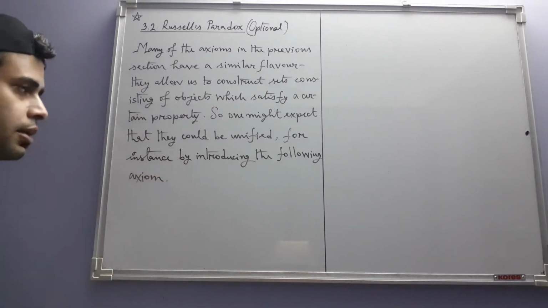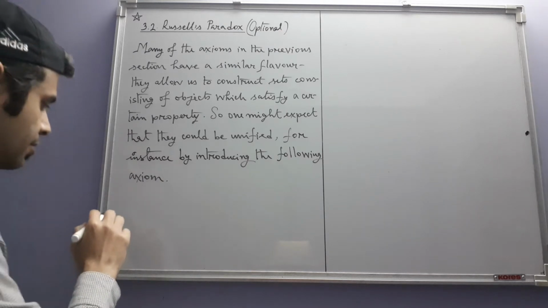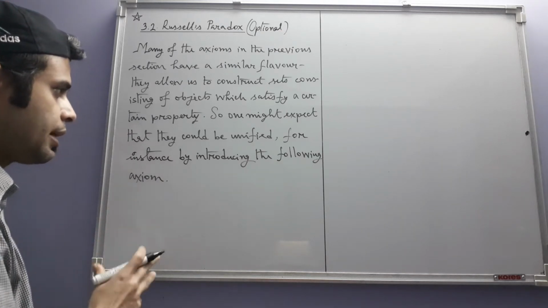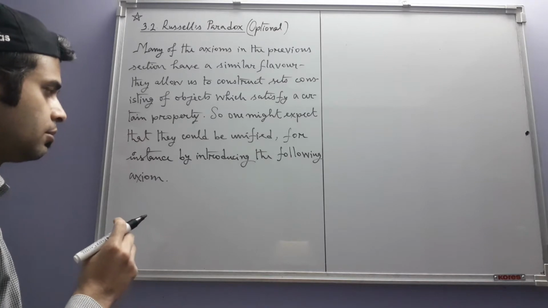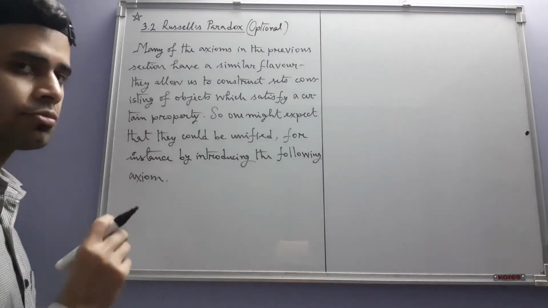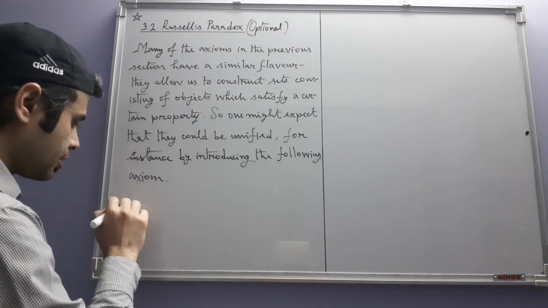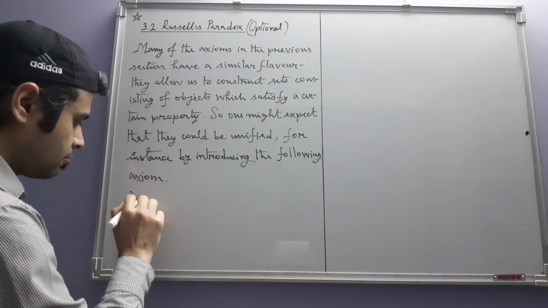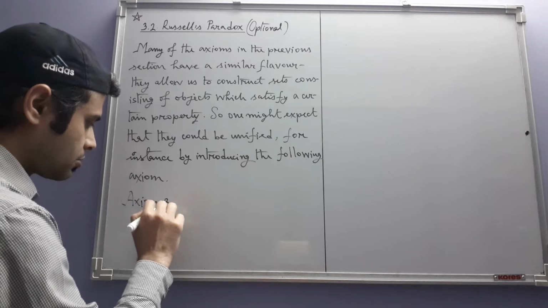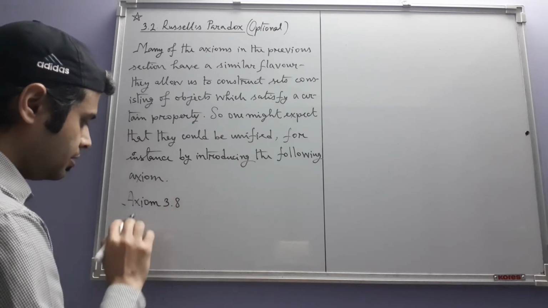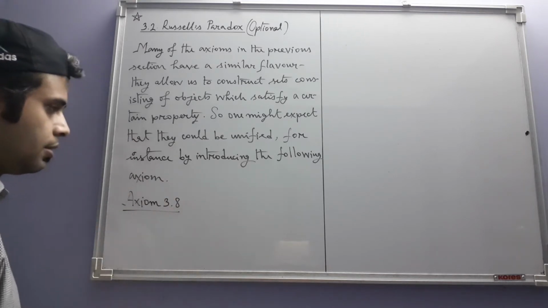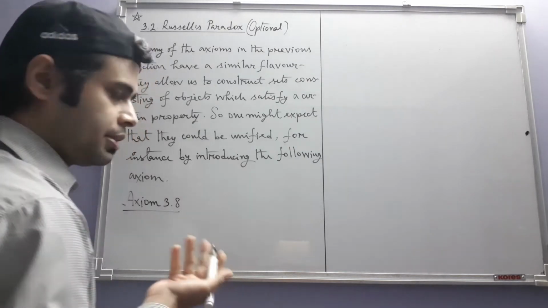So here comes the 8th axiom. Actually, it will turn out that this axiom is not well suited for our set theory. We will see why. So this is axiom 8, and like the other axioms, it has a name.